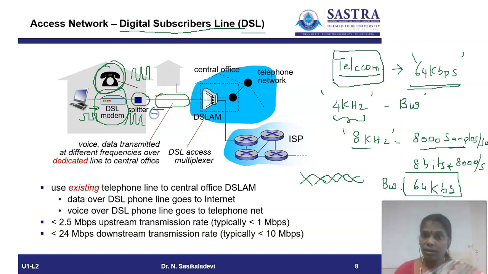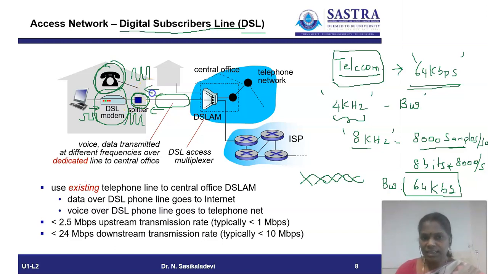Whenever there is incoming data, the splitter transmits the analog signal to the DSL modem, but the computer won't accept analog data, so the DSL modem converts analog into digital. So we need a modem here for modulation and demodulation. What is the task of the splitter? The splitter is a hardware.